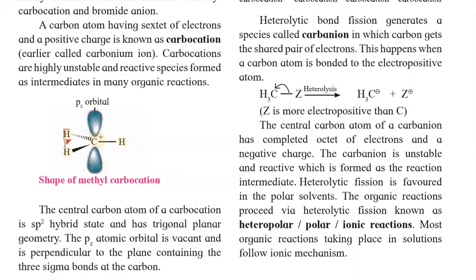We know if an octet of electrons is present, then it is more stable, but here the sextet of electrons is present and therefore it is less stable.